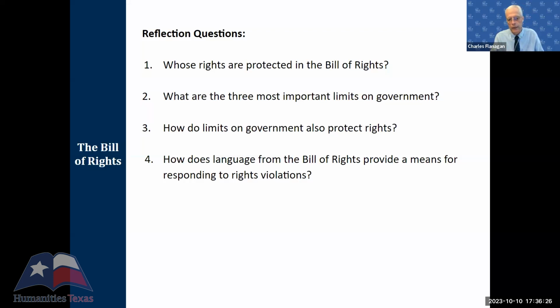And in the Gideon versus Wainwright case, how Clarence Gideon used the Bill of Rights in his appeal when he was arrested for burglary back in Florida in the 1960s, and successfully appealed all the way to the Supreme Court.